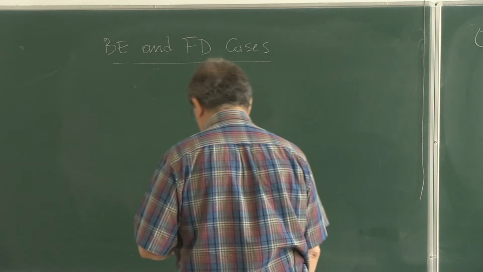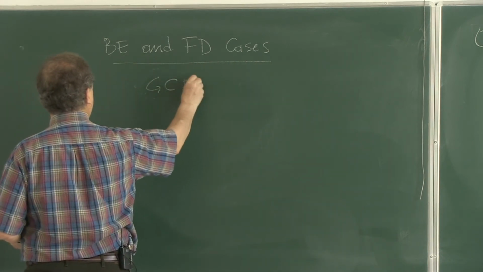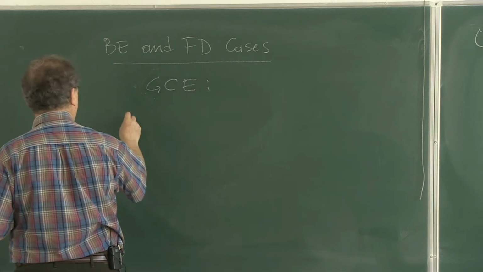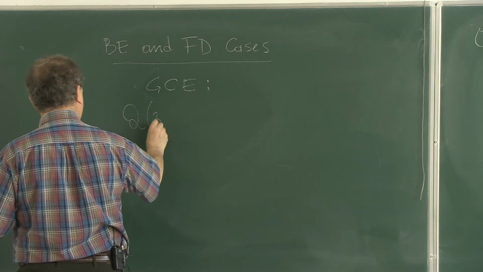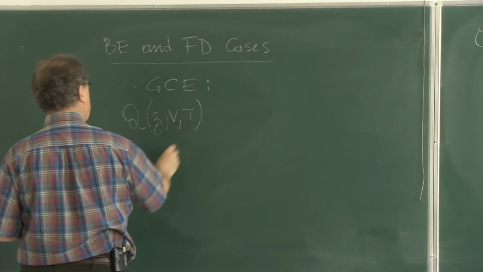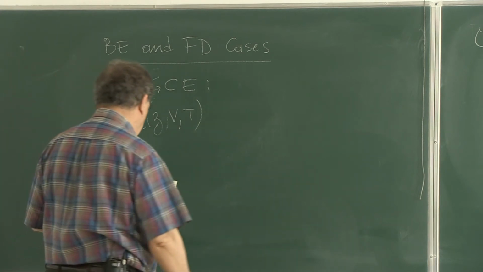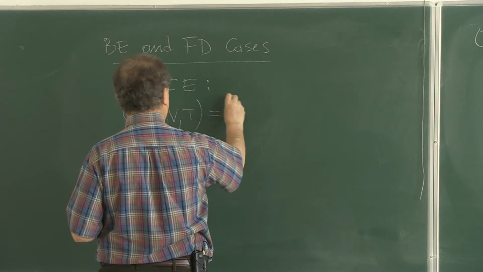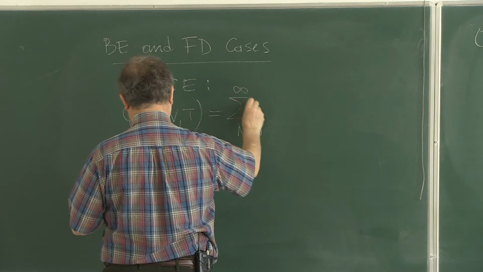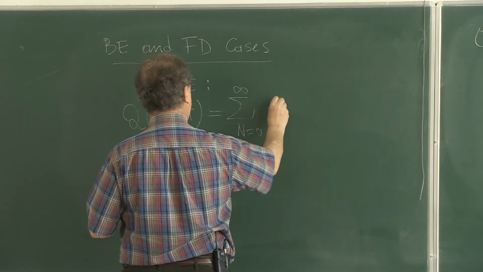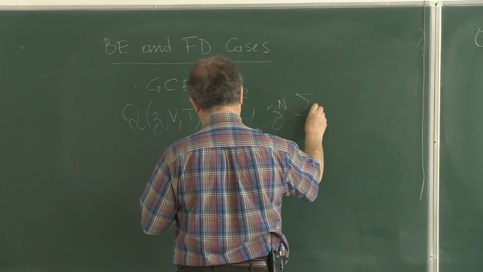So let's go to the grand canonical ensemble and write the total partition function in this ensemble, which is Z(z,V,T). And it can be written as the sum over N from 0 to infinity, z to the N, times the canonical partition function.